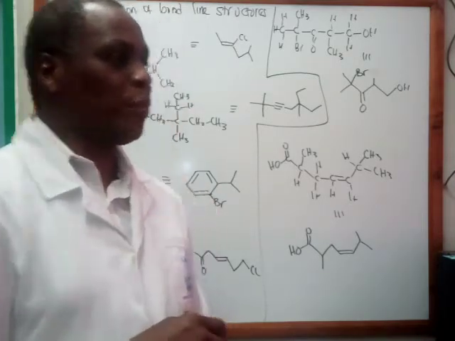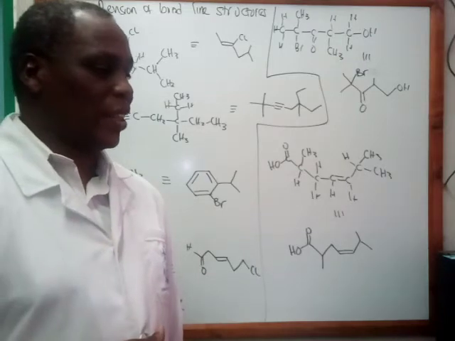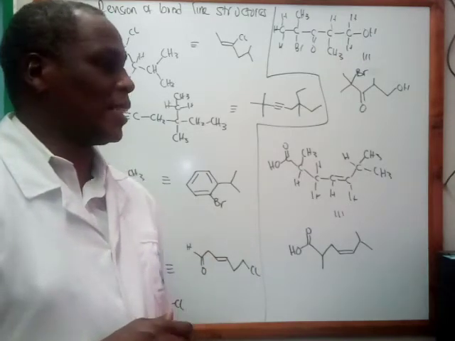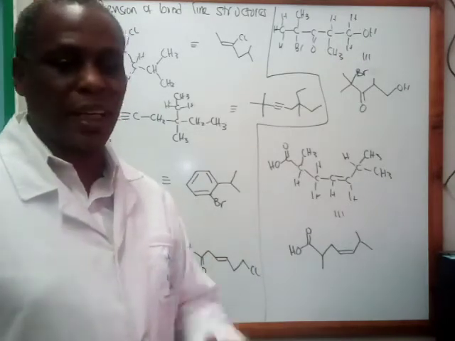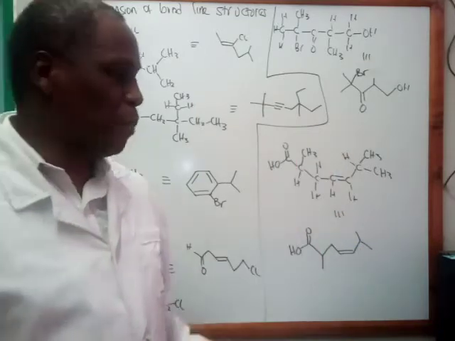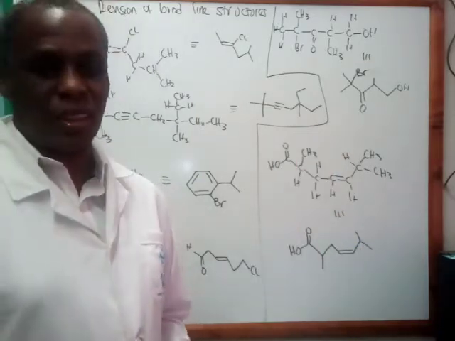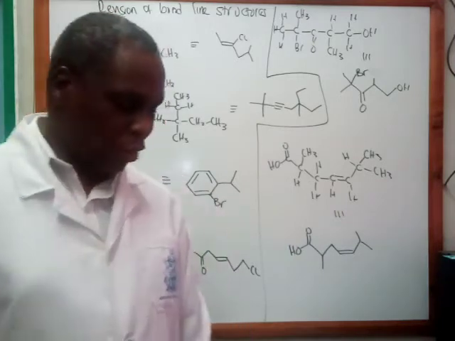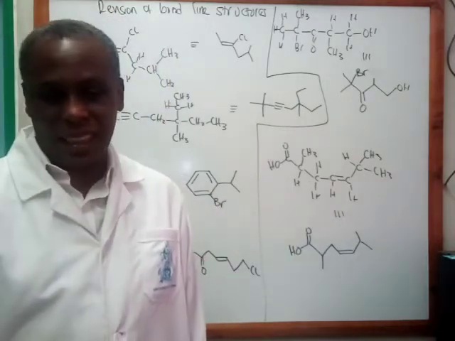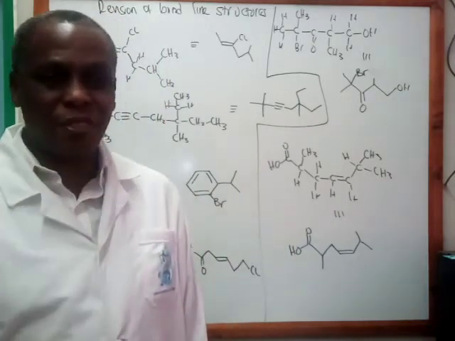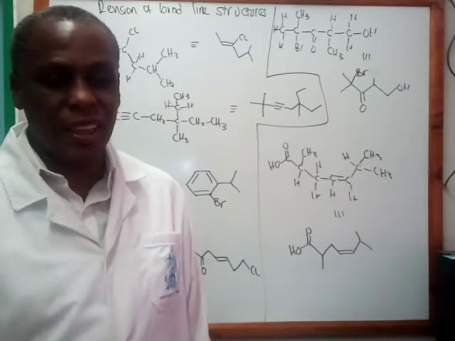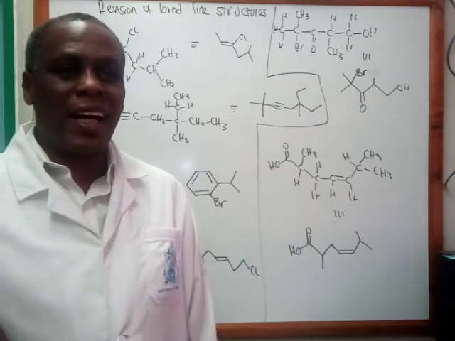So far we've only been looking at organic compounds having alkyl groups like methyl, ethyl, propyl, butyl as the substituents. But that's not the reality. You're going to see, for example, an alkene can have a halogen, or it can have an OH group.